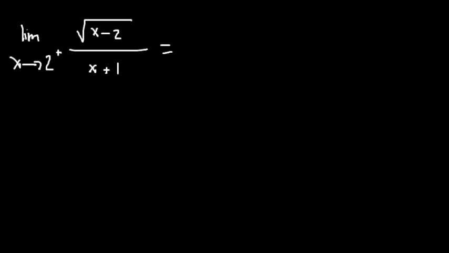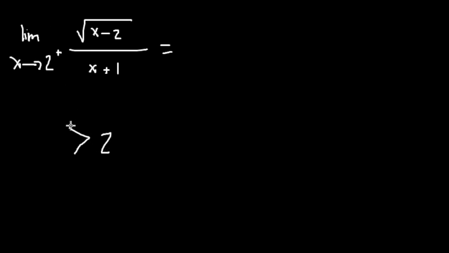So, for us to take the right hand limit, since, as the name itself says, the right hand limit means all the values to the right of 2. So it means greater than 2.